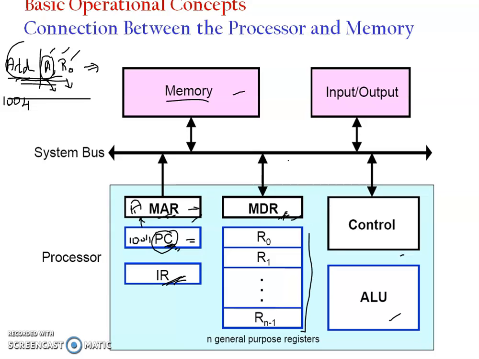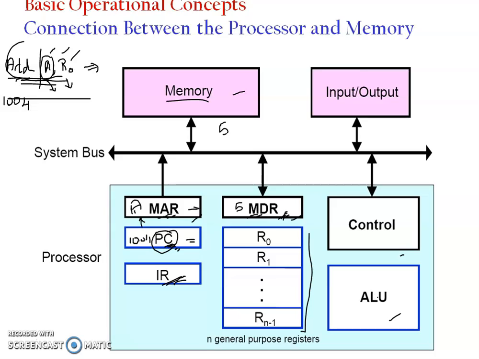Again, the control unit initiates a read control signal, which helps to retrieve the data stored in memory, and it will be placed in the MDR. For example, if the value is 5, that 5 will be stored in the MDR so that the next operation can be performed by the ALU.